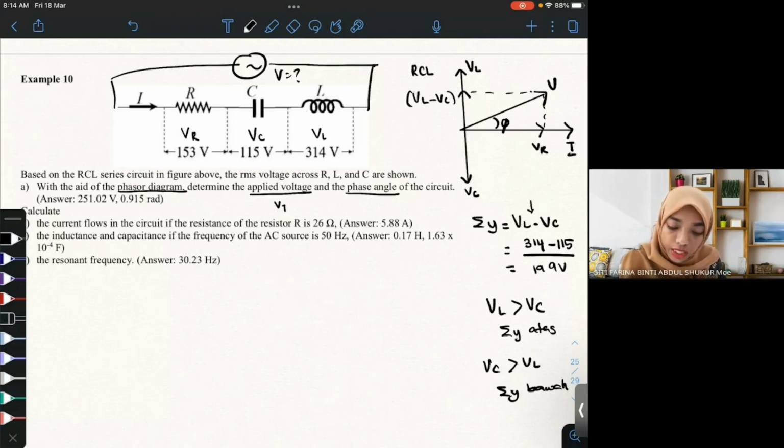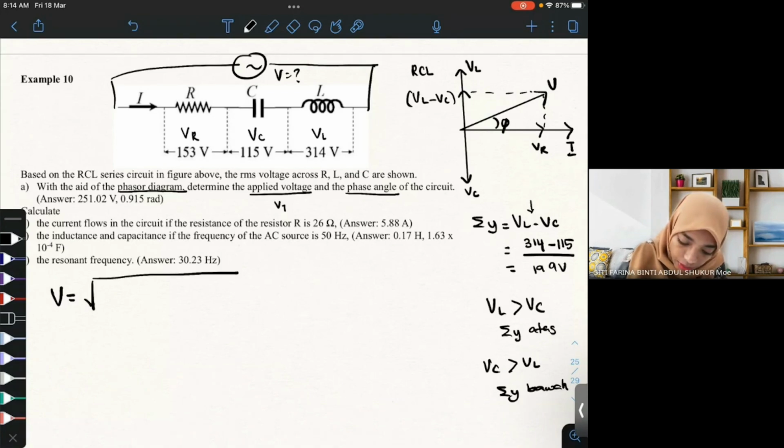Dia kata with the aid of the phasor diagram, determine the applied voltage. So berdasarkan this sketching here, we want to find V. To find V, V is in between. So kita kena consider X component dan Y component dia. Which is V bersama dengan square root summation X square plus summation Y square.